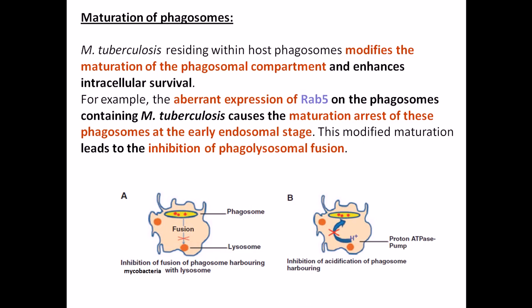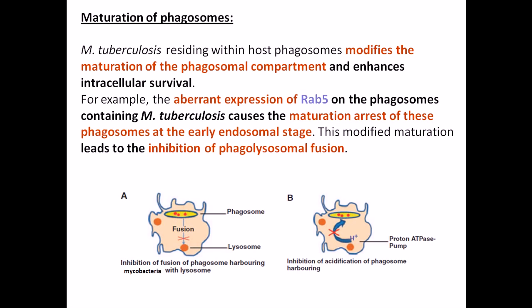Now for example, normally the expression of a protein called RAB5 on the phagosomes helps in the maturation arrest of the phagosome at the early endosomal stage, because we know at the very beginning the endosome, after taking up the bacteria, is called the early endosome, then it starts to mature and fuse with lysosome, called endolysosome, then the late endosome, and finally the bacteria are degraded and released outside.